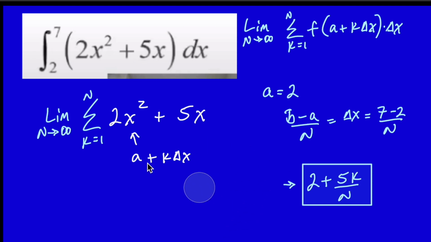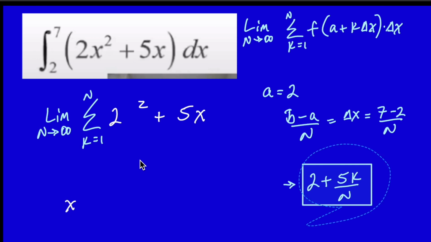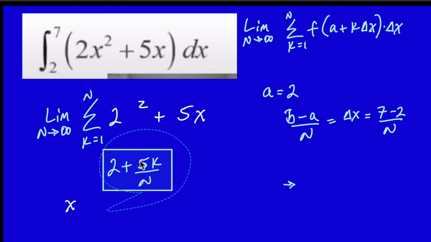Let's remove the x in each term here. We're going to take this x out right there and replace it with this right here. And we're going to do the same thing with this x.